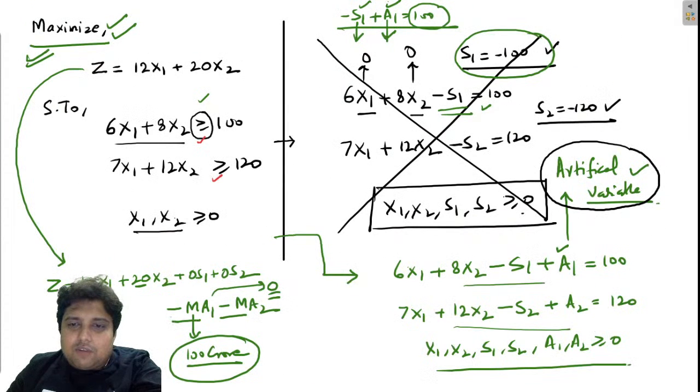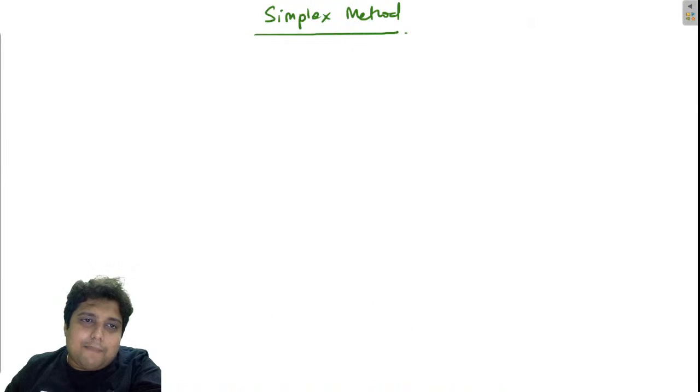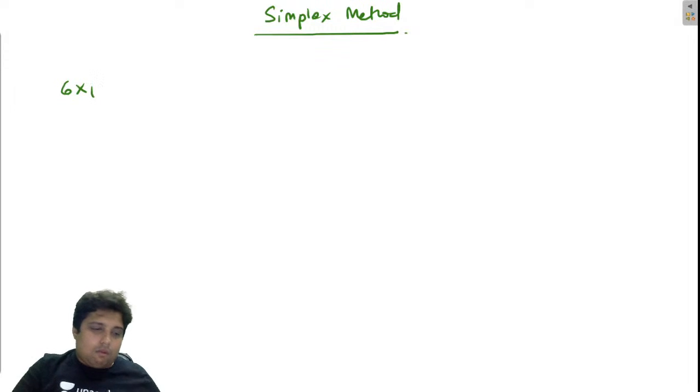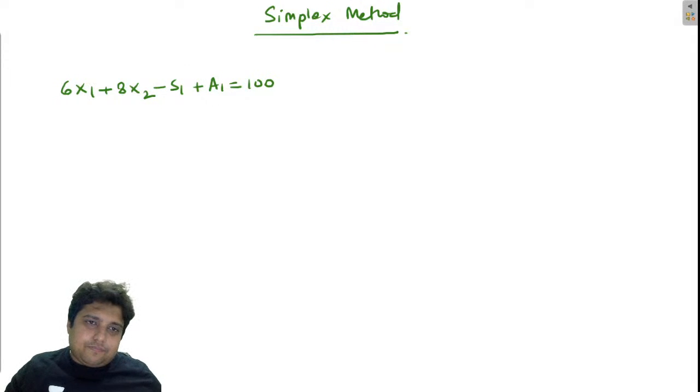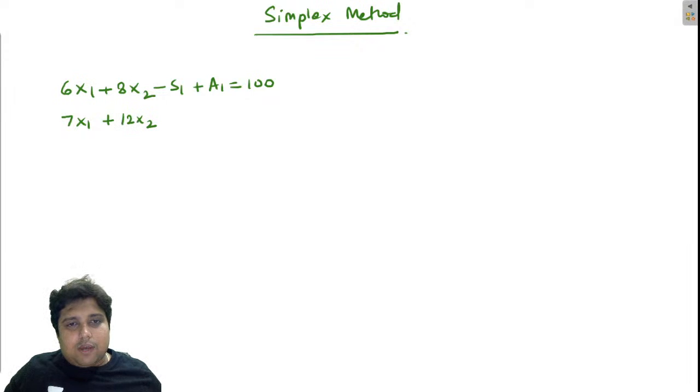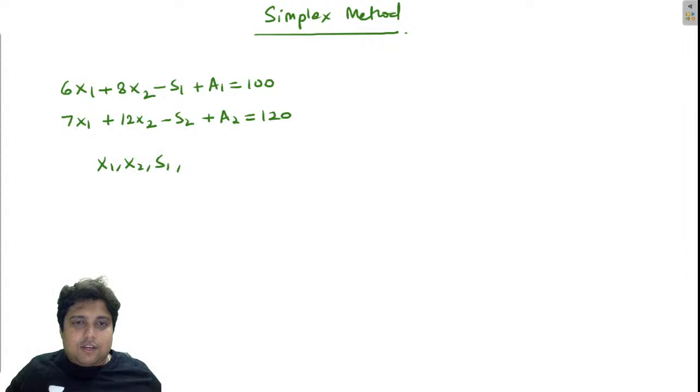I am not going to write the whole question, I am just going to write these constraints so that I will not have to move forward and backward again and again. 6x1 plus 8x2 minus s1 plus a1 is equal to 100. 7x1 plus 12x2 minus s2 plus a2 is equal to 120. x1, x2, s1, s2, a1, a2 are greater than or equal to 0.